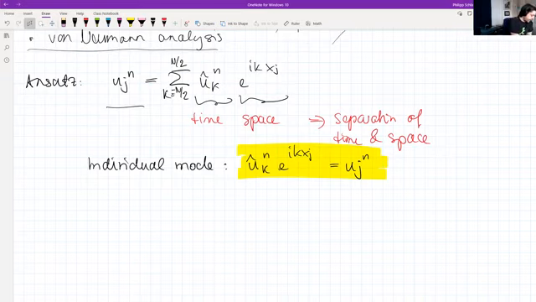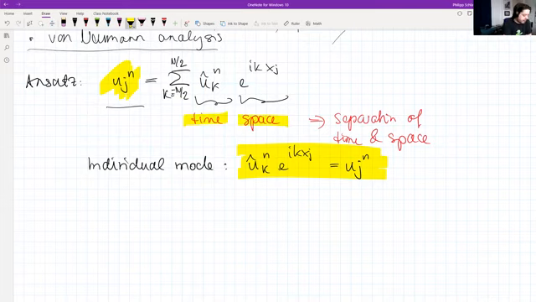And where we are right now was essentially at the position where we introduced our ansatz, which essentially says that our u_j^n, j being the spatial discretization or position, and n the temporal one, can be represented as a Fourier decomposition, where we do effectively a separation into time and space.